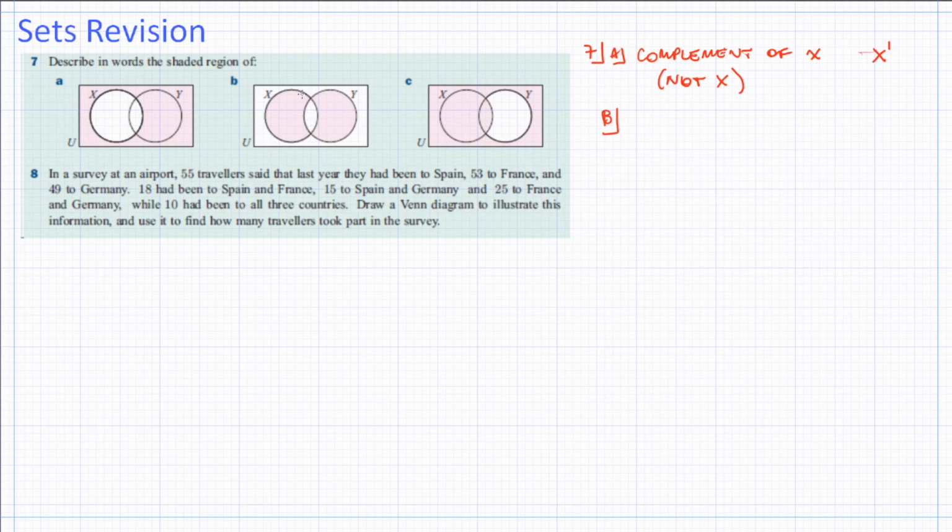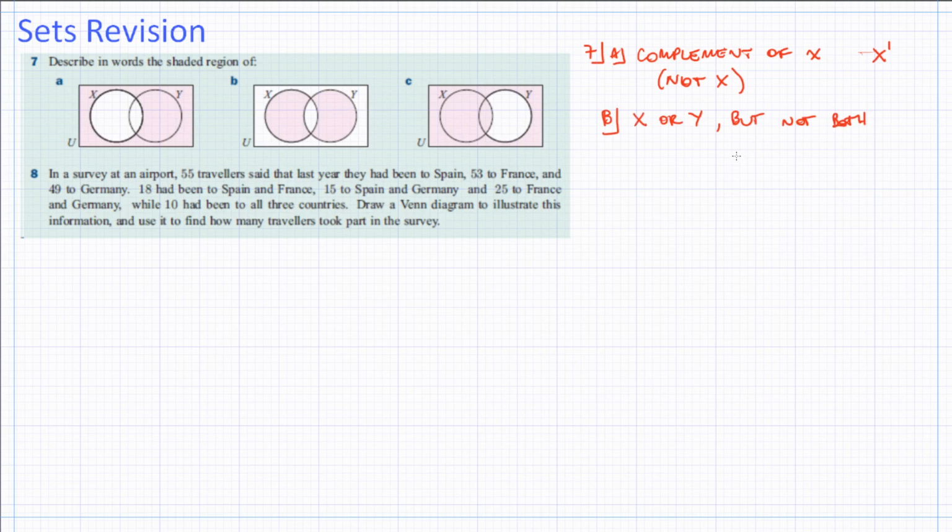If we were going to do operations here, I know we're just asked for words, but we could think of this as a union, and then you're taking out the intersection, isn't it? But anyway, if you had to describe this in words, you could say that it's exactly one of X or Y, but not both.